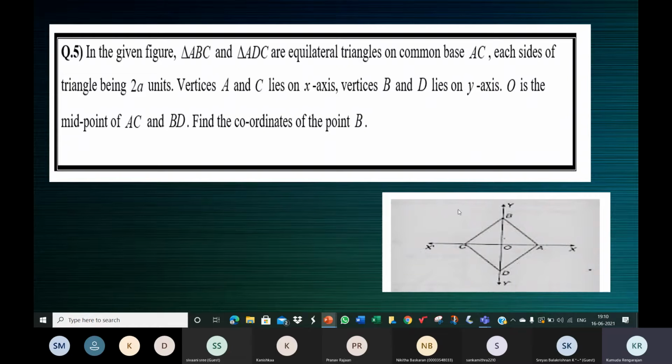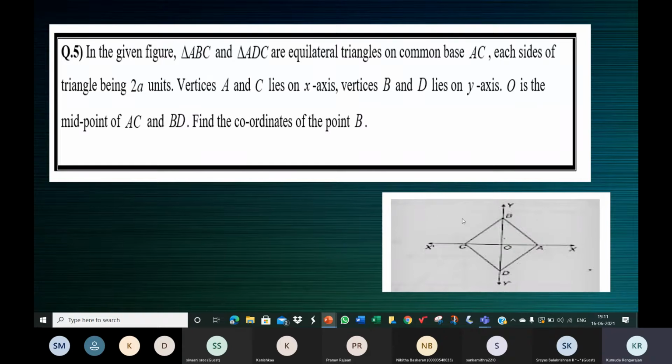So AC is equal to 2A, BC is 2A, AB is 2A, and the sides of this triangle also, AD, CD and AC. They have a common base, right? Both are equilateral and they have a common base AC. That is, AC is a side common to both the triangles. So the length of the sides of both the triangles is equal to 2A units.